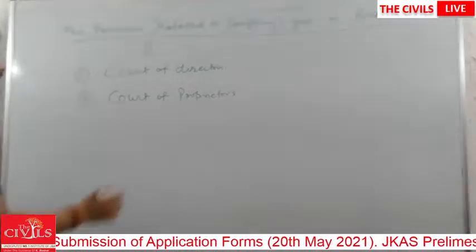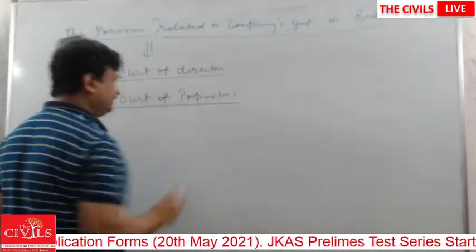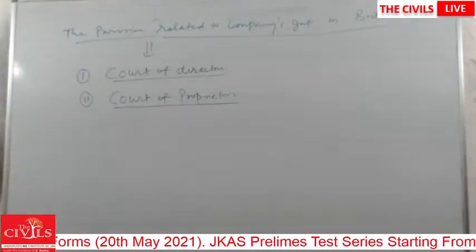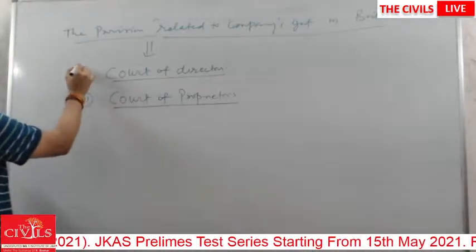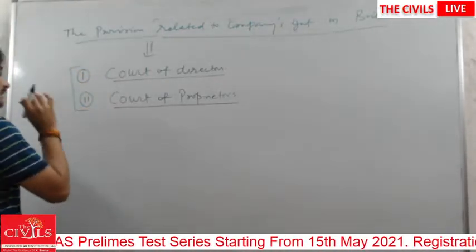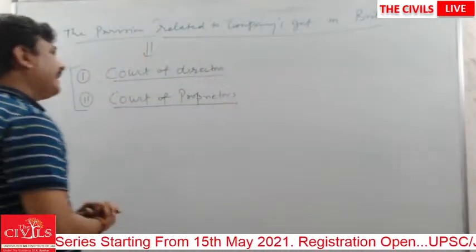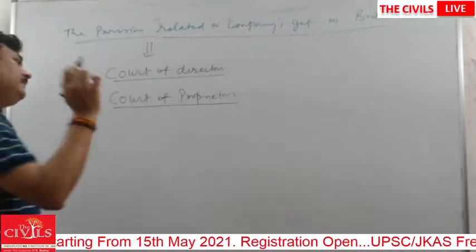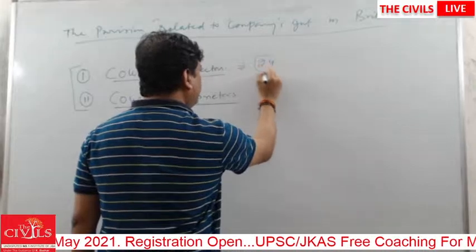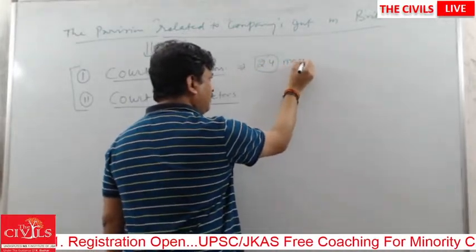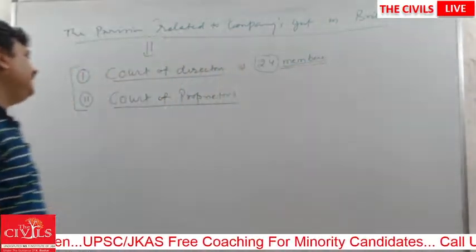The Court of Directors and the Court of Proprietors. These were the two institutions, and under these two institutions, the entire activities of the company were regulated in Britain. The Court of Directors had 24 members.